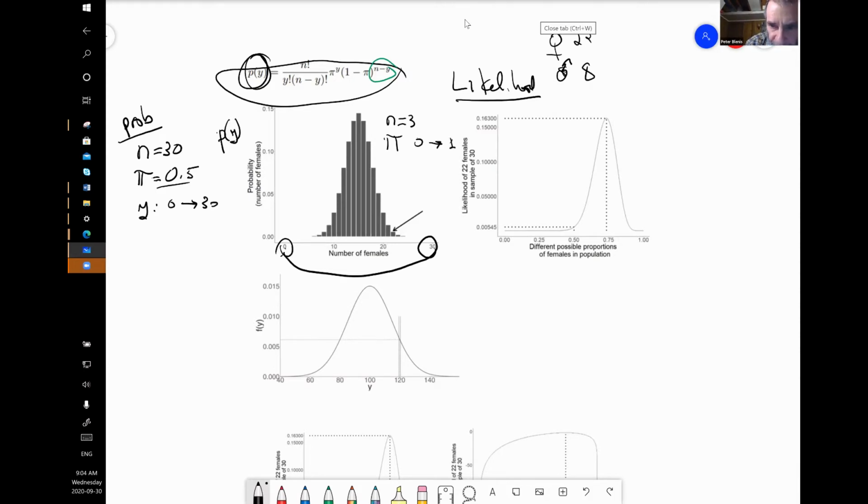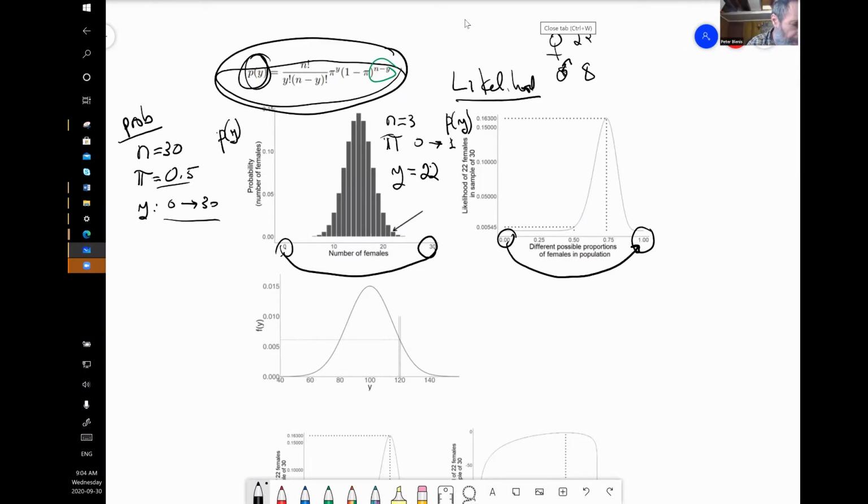So on the y-axis, we've got pi, the proportion of females in the population, going from 0 to 1. And then we've got the data, the number of females, being held constant at 22 as opposed to varying from 0 to 30. We've still got on the y-axis, p at y, this thing right here.